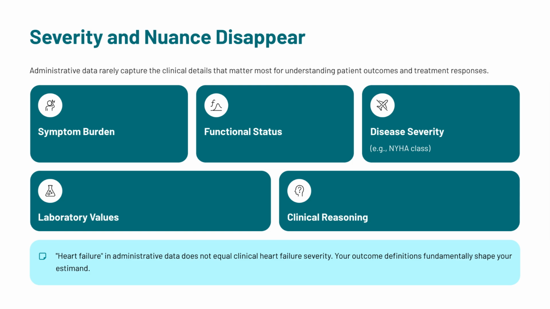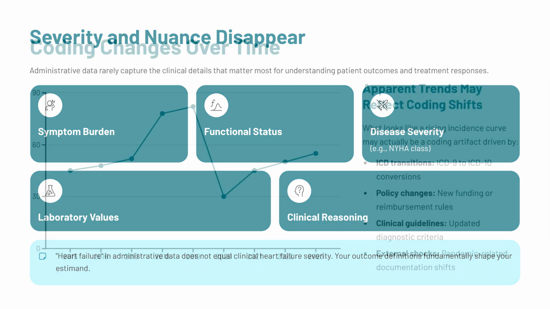The other thing is that when severity is not recorded, the events you do capture often skew toward the more severe end of the spectrum, because severe cases are more likely to trigger hospital care, specialist documentation, and clearer coding. Depending on the condition, milder cases may never show up as a coded event at all. That means your analysis may be estimating the effect on a selected subset of captured cases, not the full clinical population you had in mind. So be explicit about what your outcome represents.